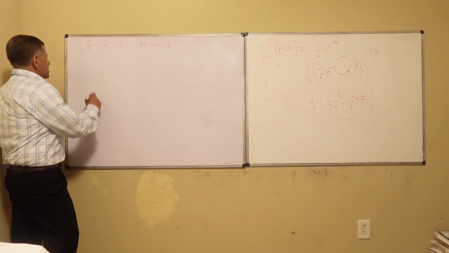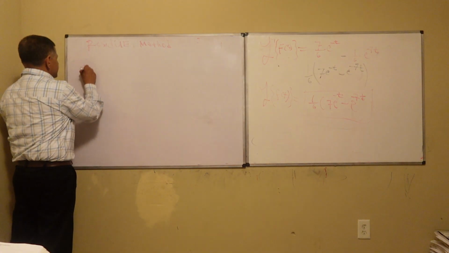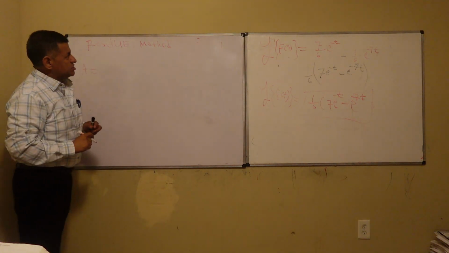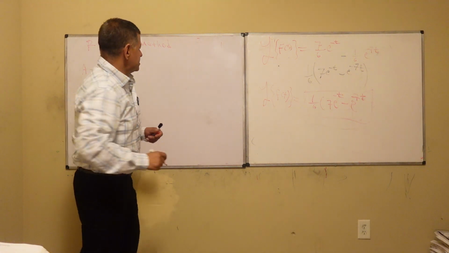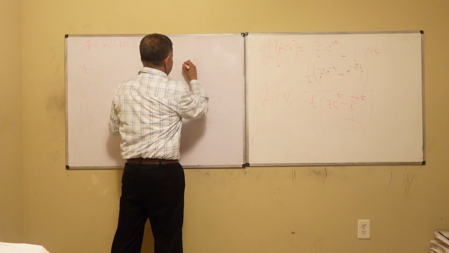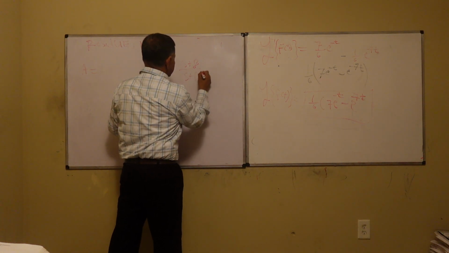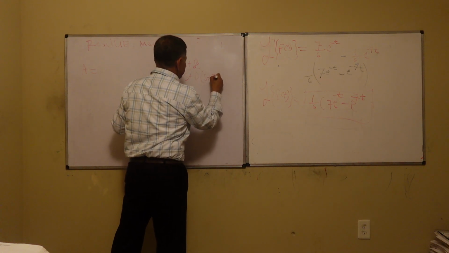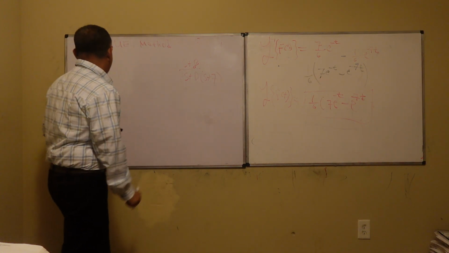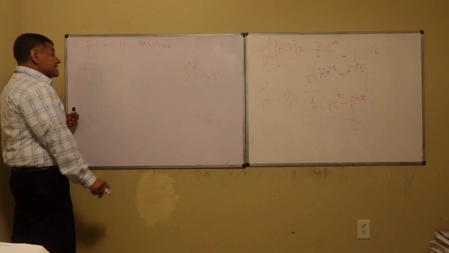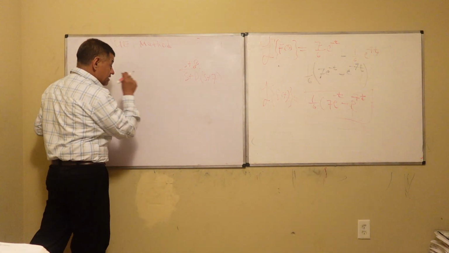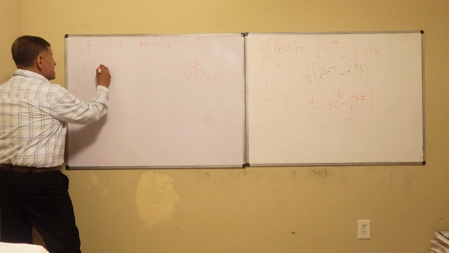So A is equal to, the problem was S plus 8 over S plus 1 and S plus 7. So now I can say that A is equal to this.